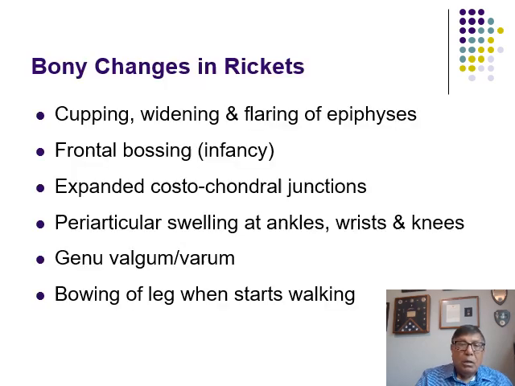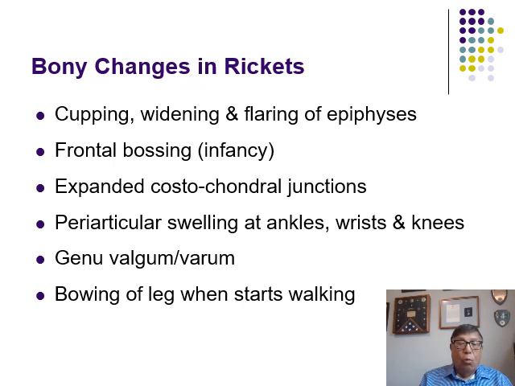Okay, this is a very, very important slide. Bony changes in rickets, because I have some x-rays that I will show you. The cupping, widening and flaring of the epiphysis. There is very little of any disease that will do that.